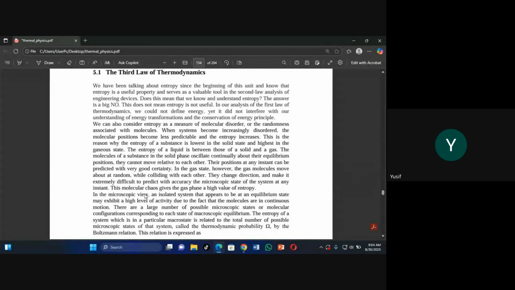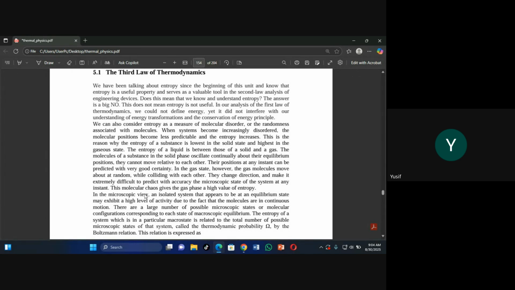The molecules of a substance in solid phase oscillate continually about their equilibrium positions. They cannot move relative to each other. So in a solid they cannot move relative to each other, but in a gas they can. Their positions at any instant can be predicted with very good certainty.